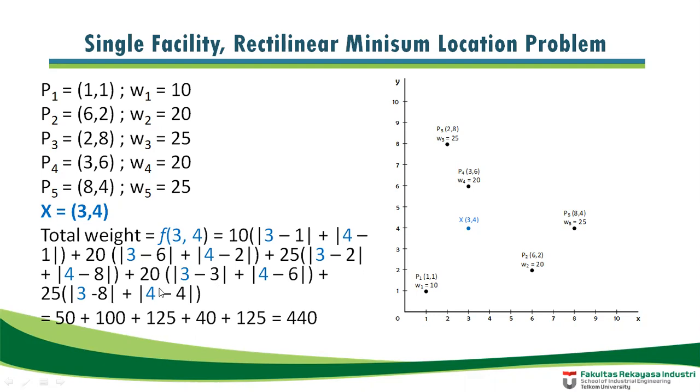Just do the same until all the retailers are identified. And then we got 440. So 440 is the weight of my new depot or warehouse. My warehouse should serve all my retailers, so that their inventory can be fulfilled, considering the traveling distance.